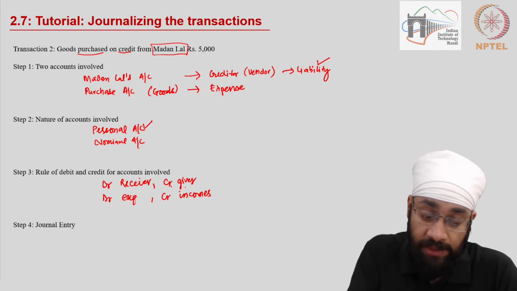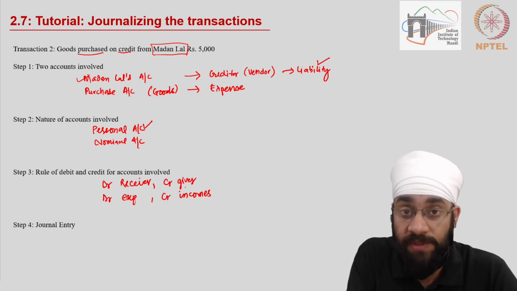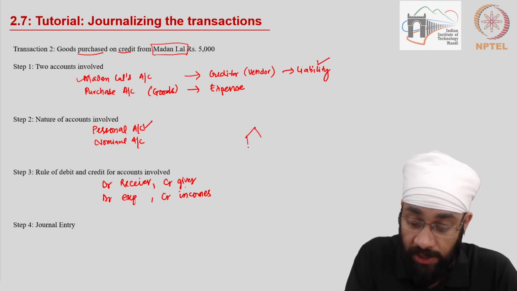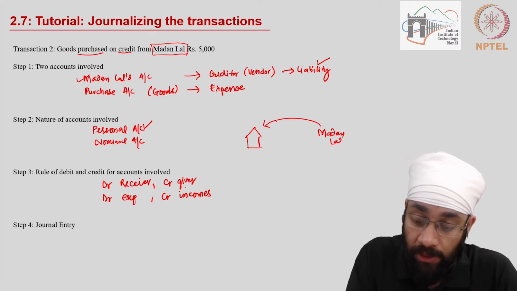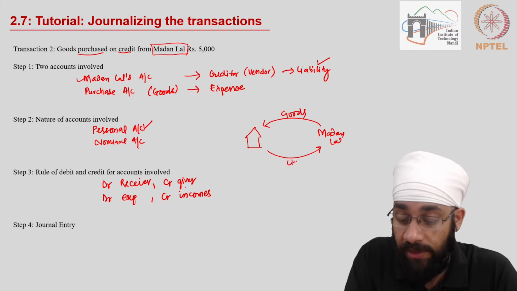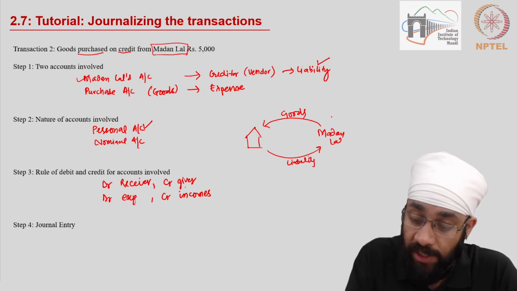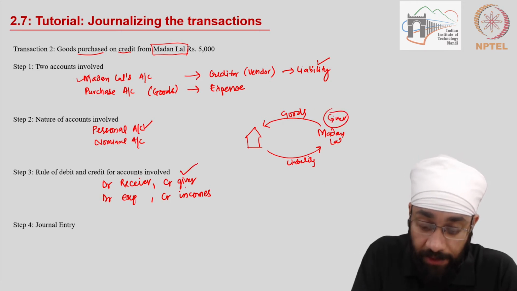Now, in this case, Madan Lal is the giver of the goods to the business. So here is the business. Here is, let's say, Mr. Madan Lal, and he is supplying goods to the business. And he's not getting the money back. He is getting a liability generated for the business. So he is the giver of the goods. So debit the receiver and credit the giver.